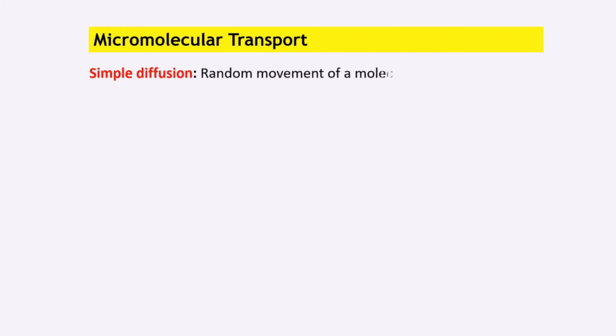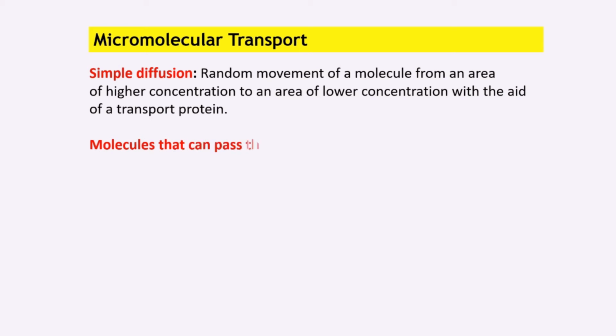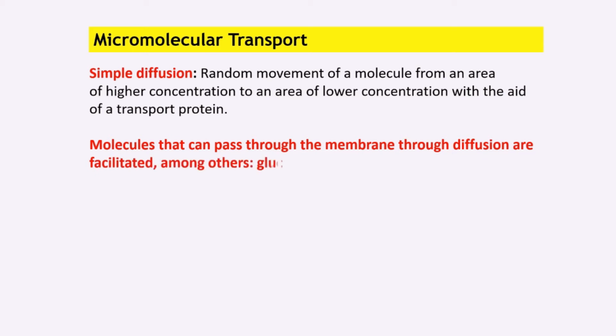Facilitated diffusion. Random movement of a molecule from an area of higher concentration to an area of lower concentration with the aid of a transport protein. Molecules that can pass through the membrane through facilitated diffusion include glucose, urea, and glycerol.